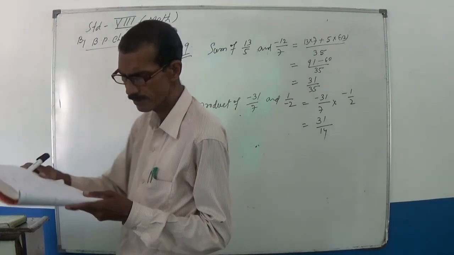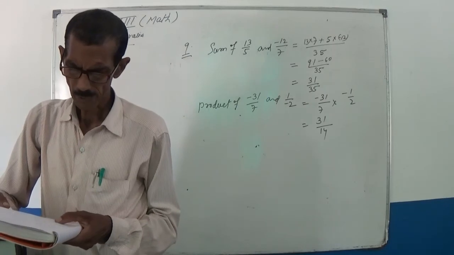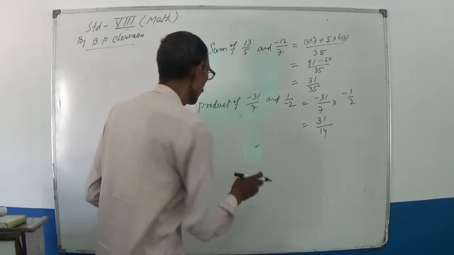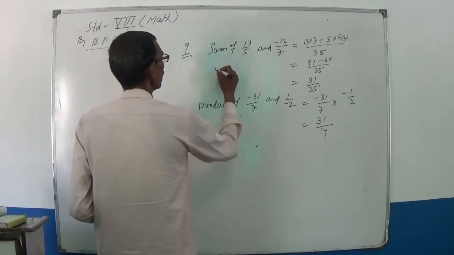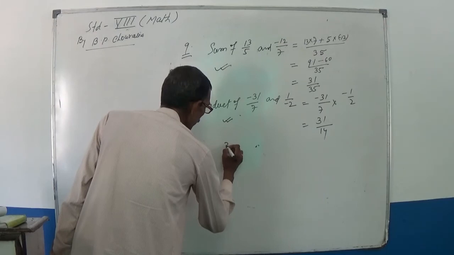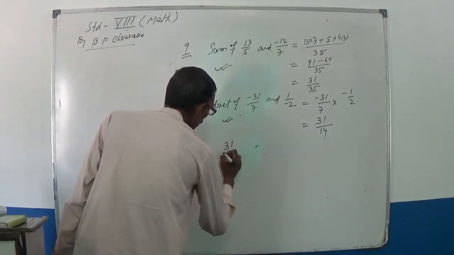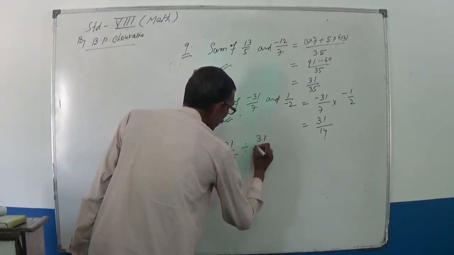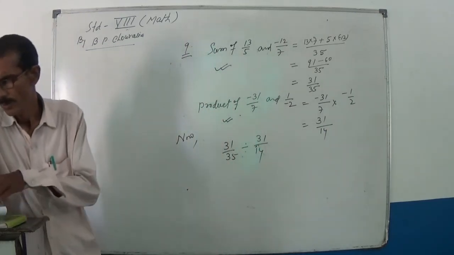Now the condition is given. Divide the sum of this and this by the product. Now we have to divide this sum by the product. That is 31 by 35 divided by 31 by 14.